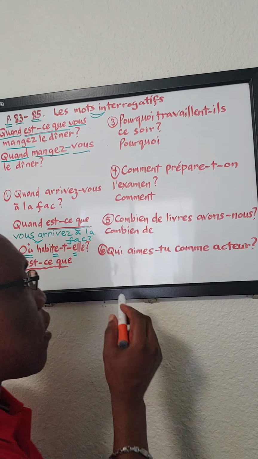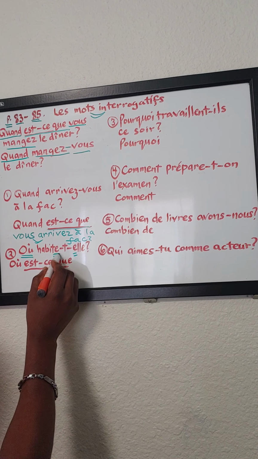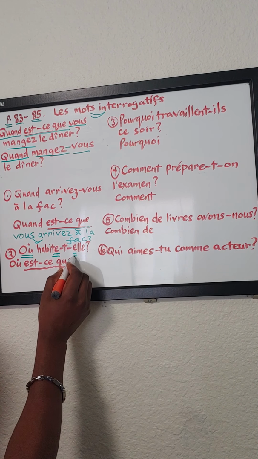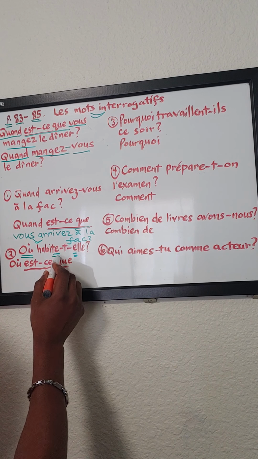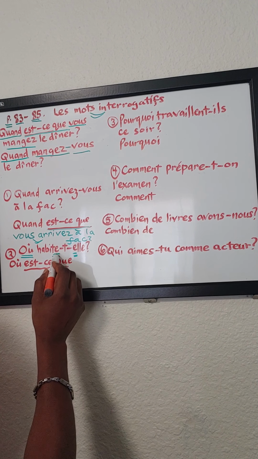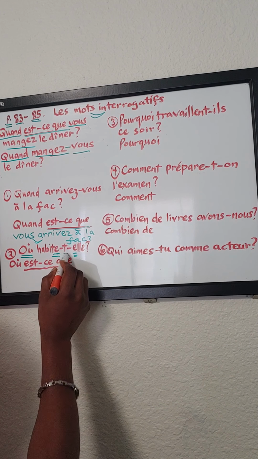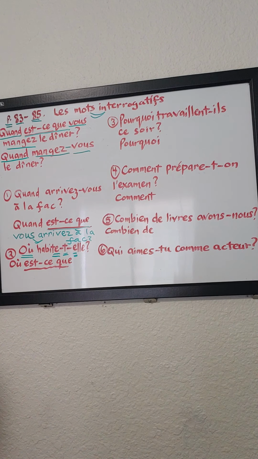Right? So here we see that we have habite and elle. Because we want to smoothly pronounce habite and elle, we have put a T in between.